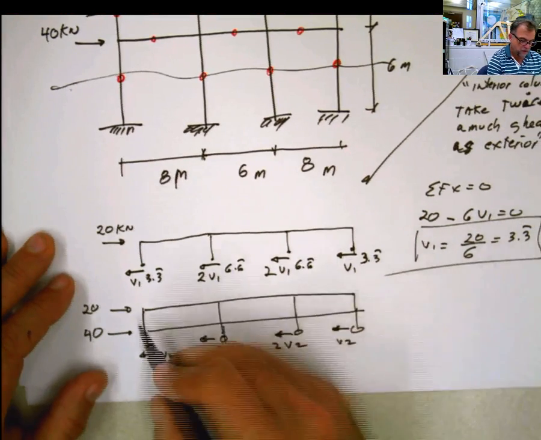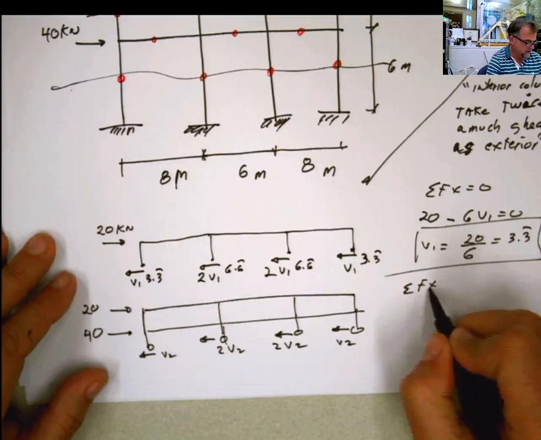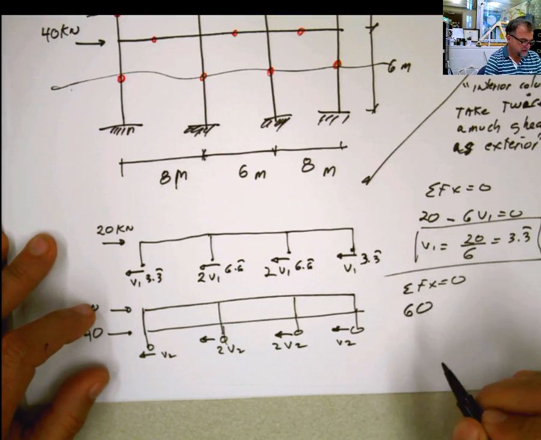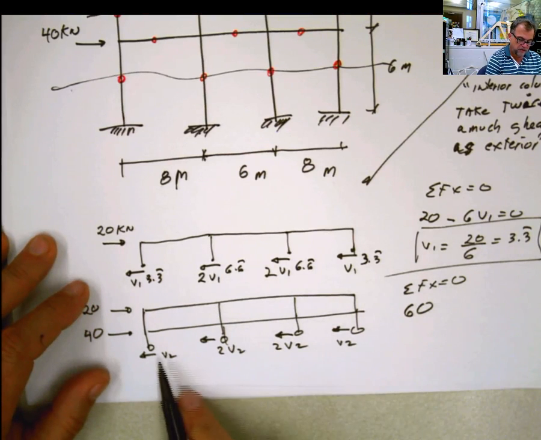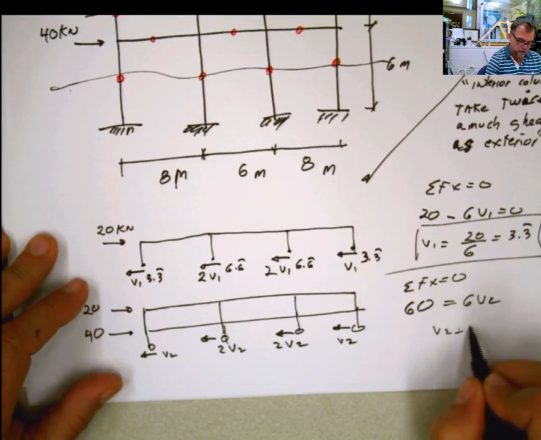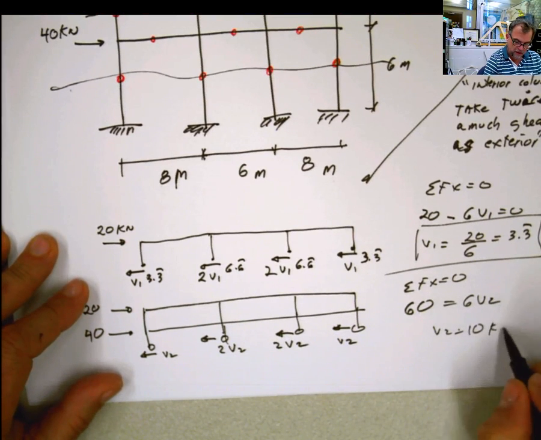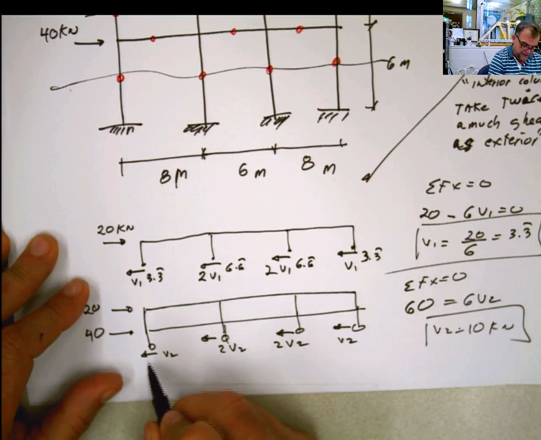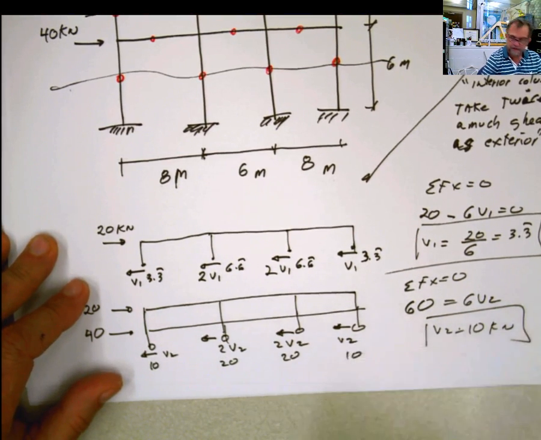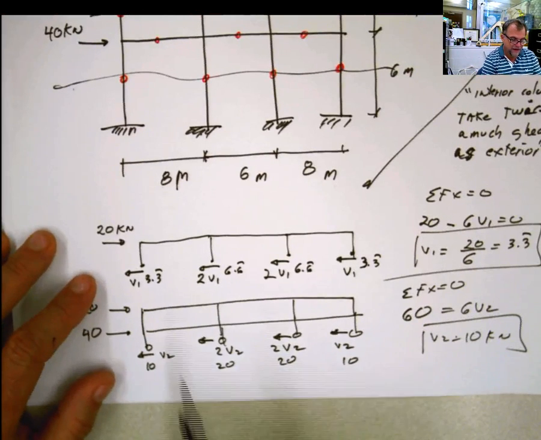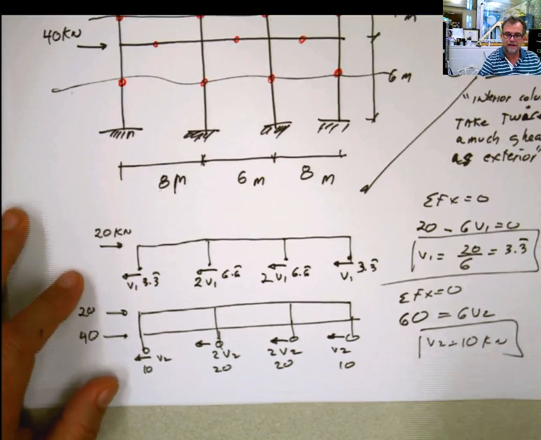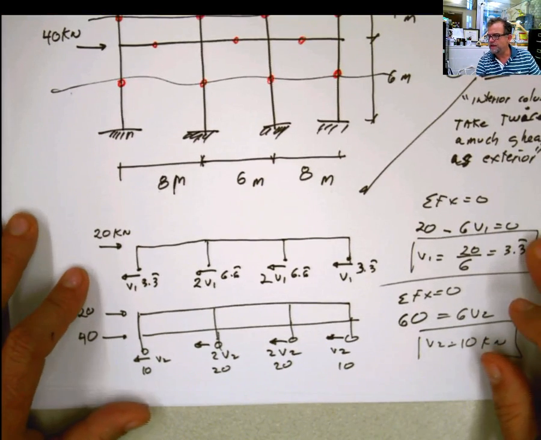Summation of forces in X equals 0: we have 60 in this direction, and in the other direction you have 1, 2, 4, 6 equals 6 V2, meaning V2 is going to be equal to 10 kilonewton. Then this value is going to be 10, this value is going to be 20, 20, and 10. Look how many internal forces we already calculated with just two easy and simple summations of forces in X equals 0.